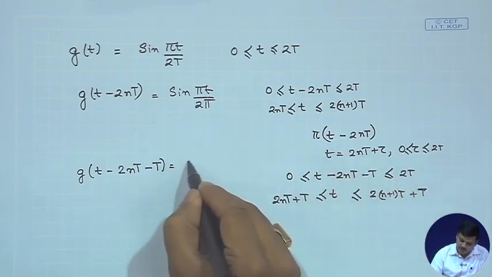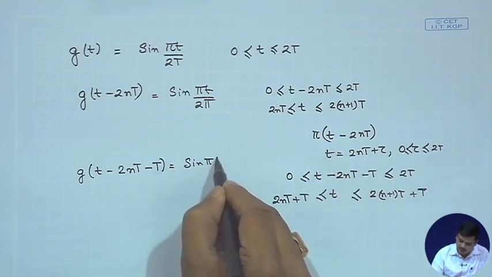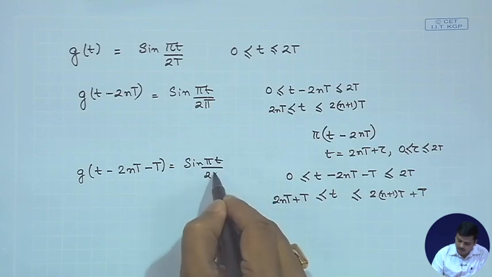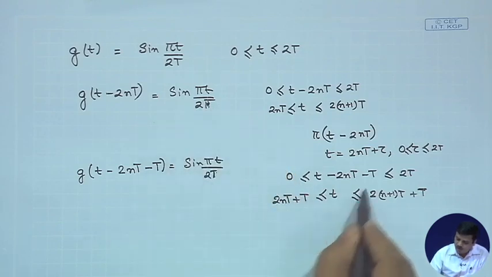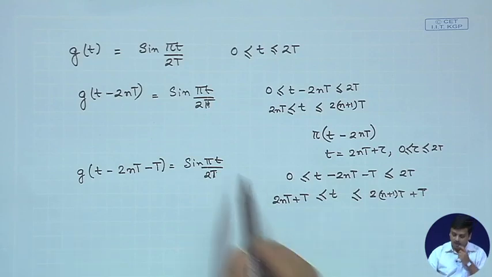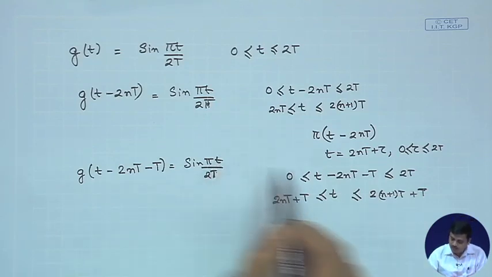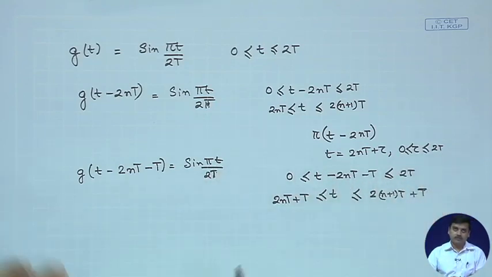We could also write this as sine pi t by 2T for t in this interval, or tau in the range 0 to 2T.